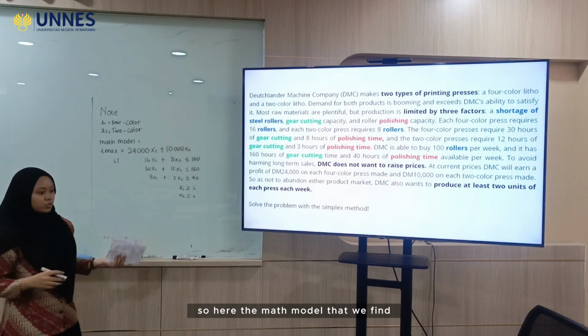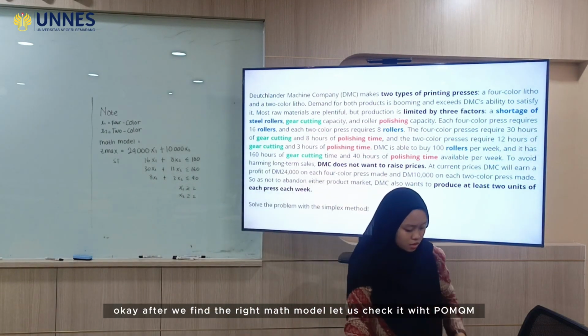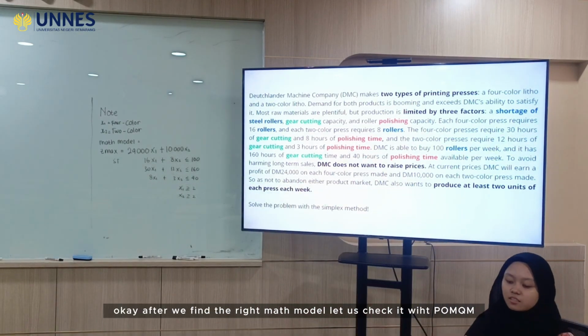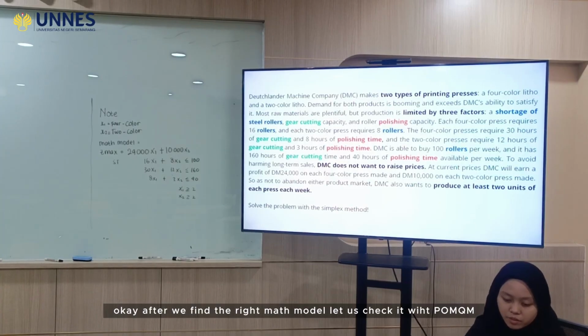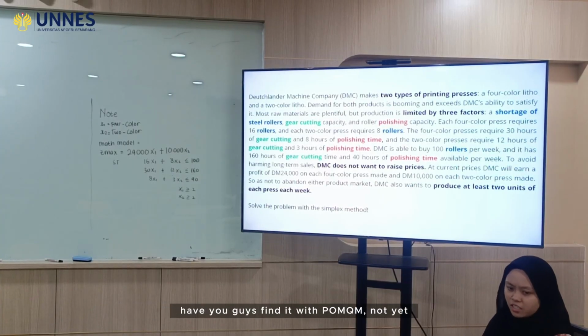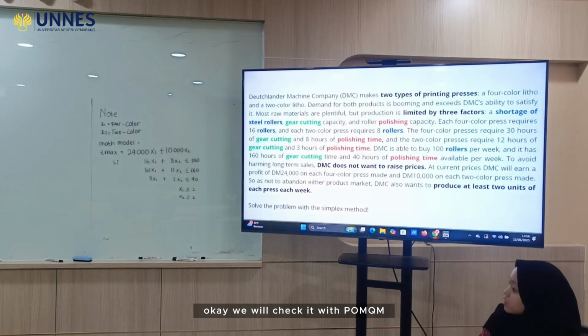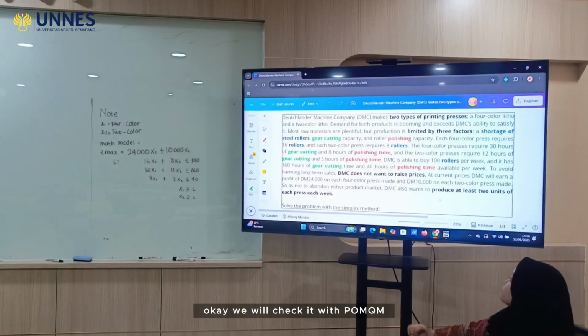So here is the math model that we found. Okay, after we find the right math model, let us check it with POM-QM. Have you guys found it with POM-QM? Not yet? Okay, so we will check it with POM-QM.